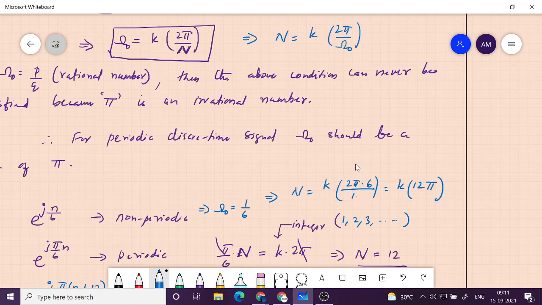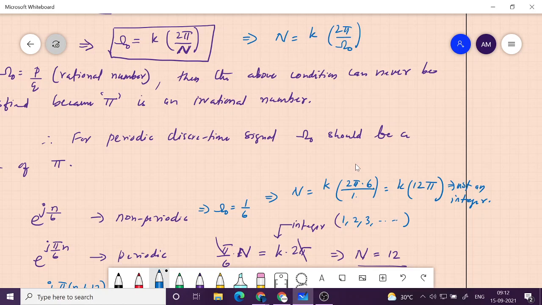Now this k into 12 pi, no matter what k you take, you will never get an integer, so therefore it cannot be periodic. Pi is an irrational number.